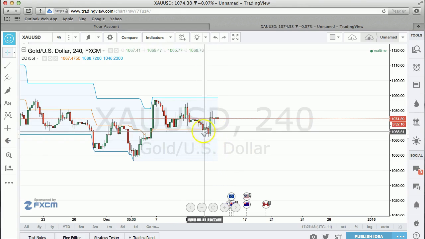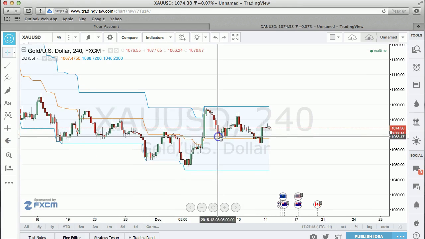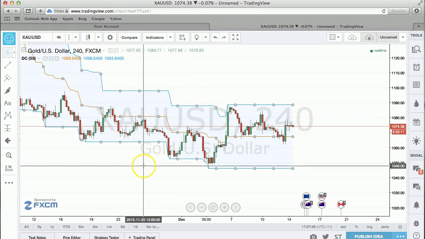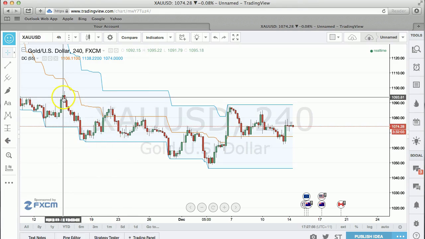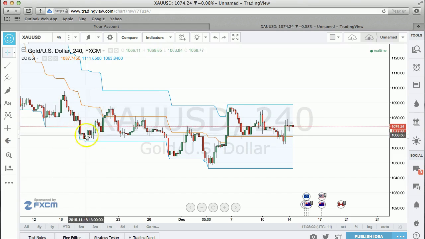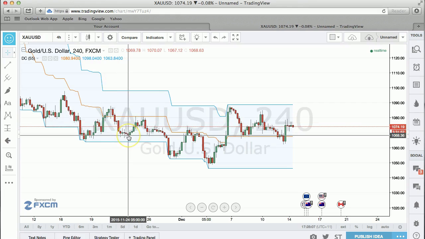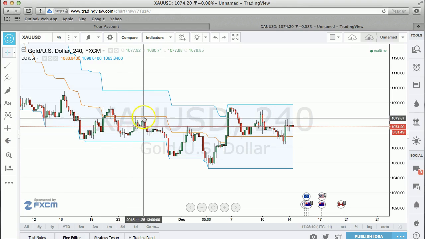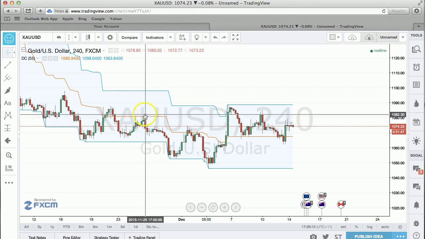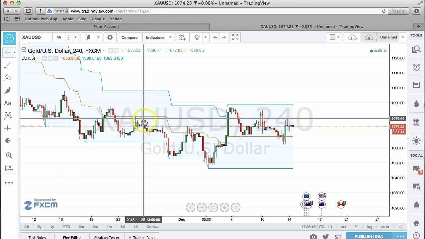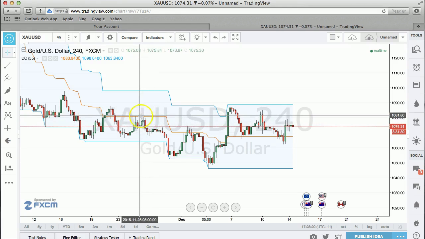This middle line right here can act as support and resistance, which is a vital characteristic. It's a really good characteristic to note, because you'll notice here that for this middle line, price here was bearish. It approached this line, broke above the line, but ultimately went back bearish. It approached the line, couldn't necessarily close above the line, so it went back into a bearish, so it bounced off this line acting as resistance.